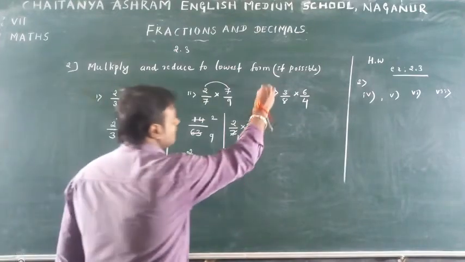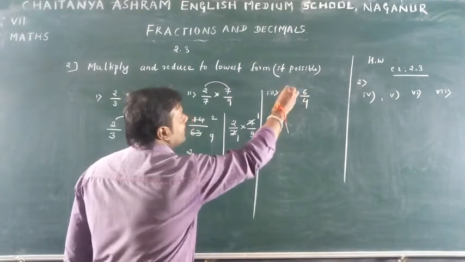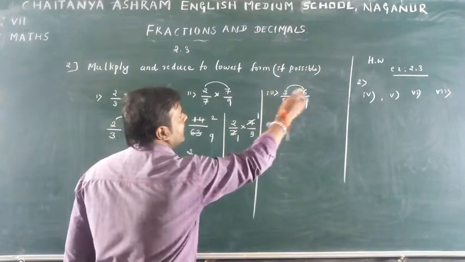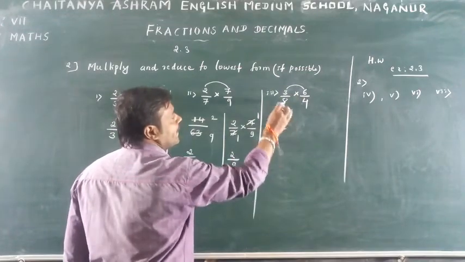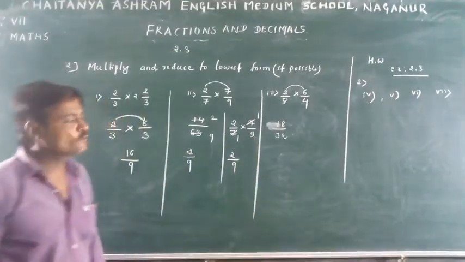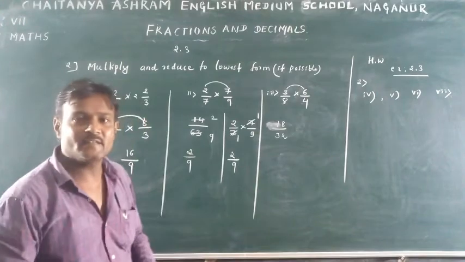Next, see this one. 3 by 8 into 6 by 4. Multiply numerator to numerator. 3 into 6, how much? 18. 8 into 4, 32. So both 18 and 32 are divisible by 6.